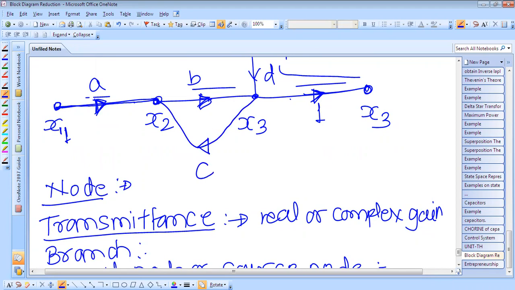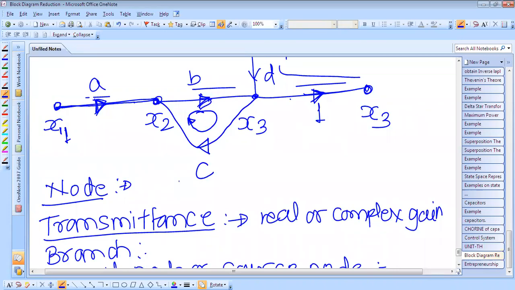The loop starts from x2, goes in this way, and the signal comes back again at x2. So we can call it a closed path, and this is called a loop.